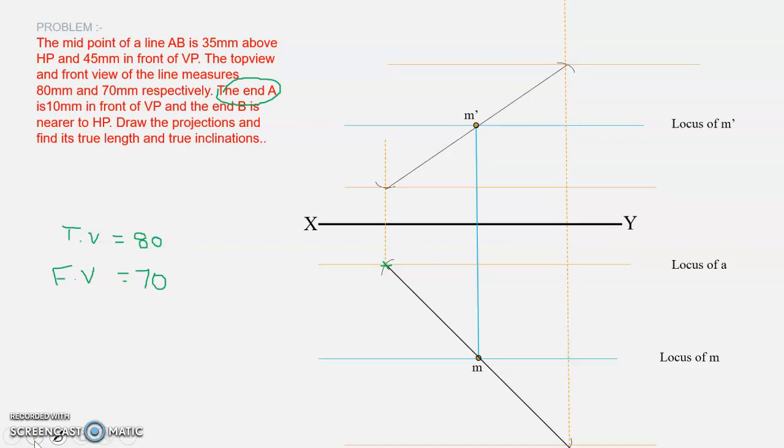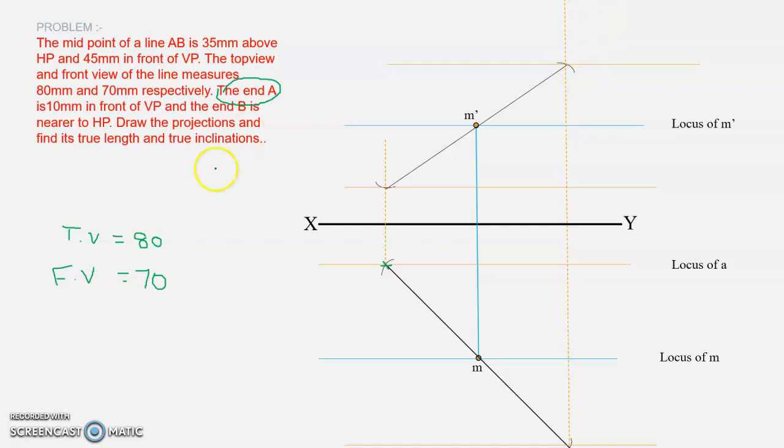Now we need to get the true length. That's what they have asked in the question, right? In the previous problem, we took A dash as the center and the whole front view as the radius.